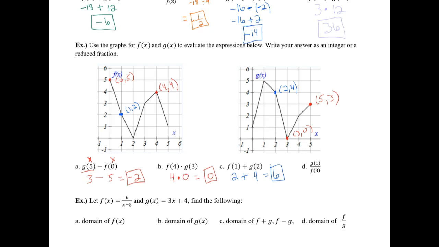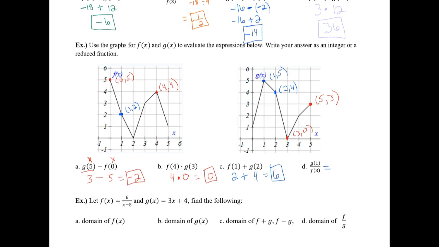And lastly here, I have g of 1 divided by f of 3. I need to start with my g. The order matters. So g came first. It has to be in the numerator. So g of 1, I move up to find my y. So that's the point 1, 5.